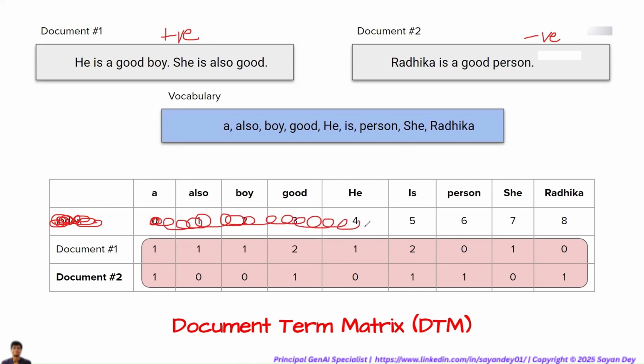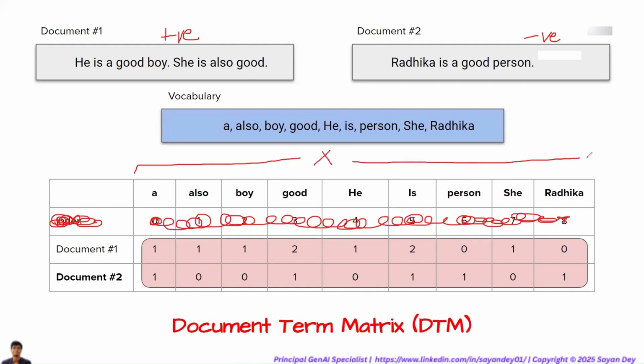These are the features, and based on all these features, we can say features like this correspond to sentiment positive, and features like this correspond to sentiment negative. So this is how we can represent this problem just like a supervised learning problem.